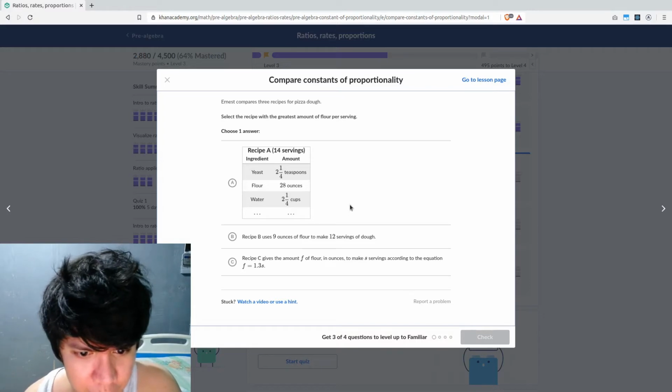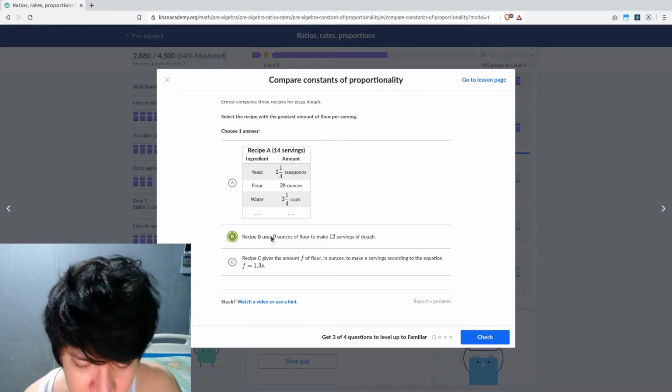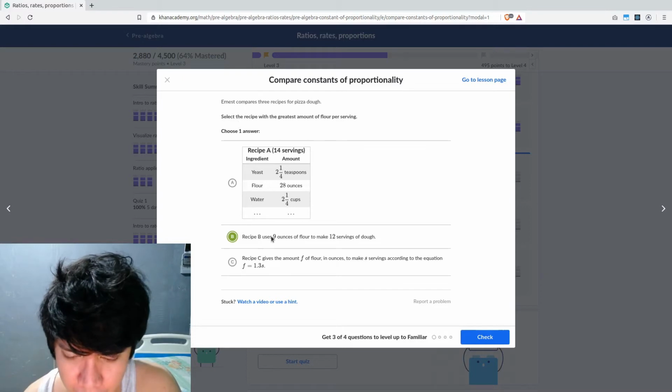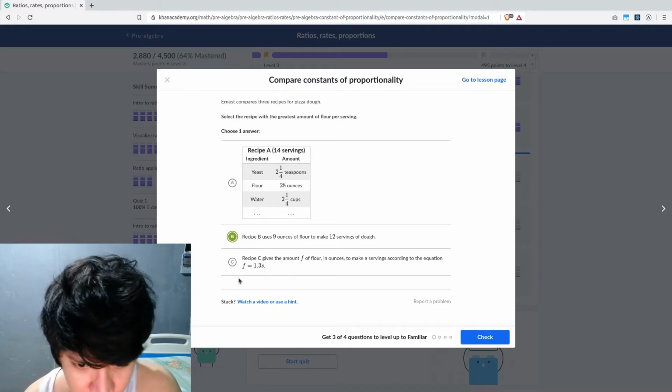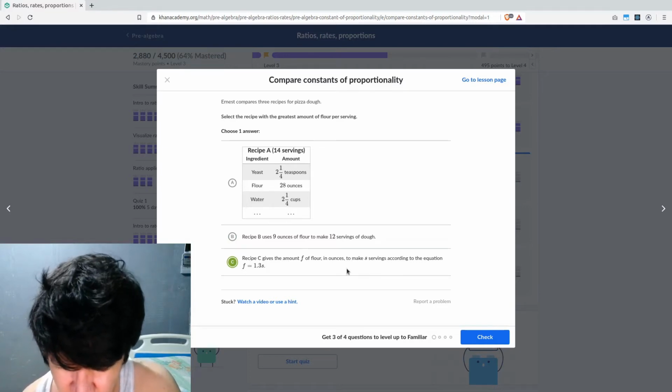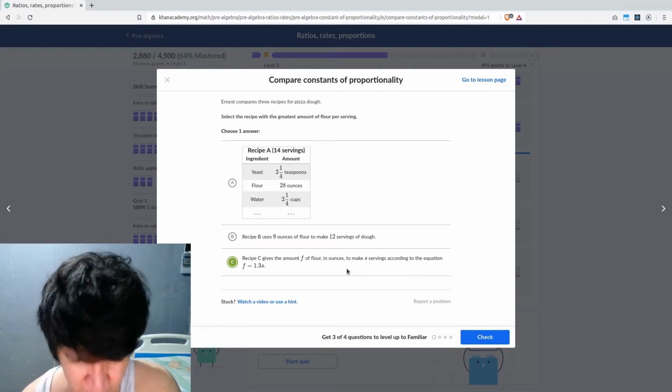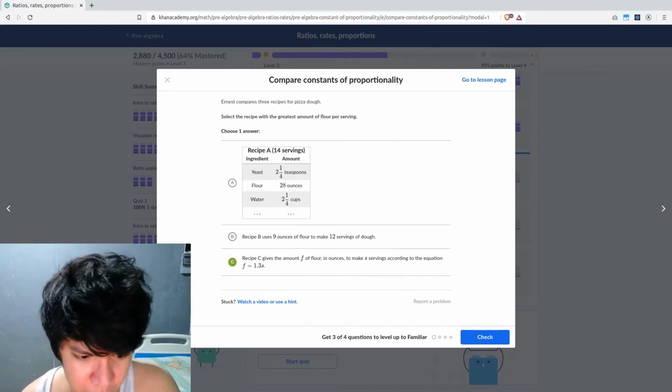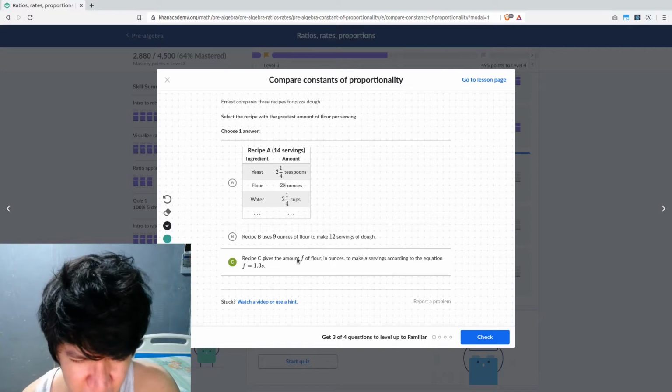Oh, what is this? Recipe B. What is this? 9 ounces of flour to make 12 servings of dough. The amount F of flour in ounces to make S servings according to the equation. Okay, so it's just 1.3.